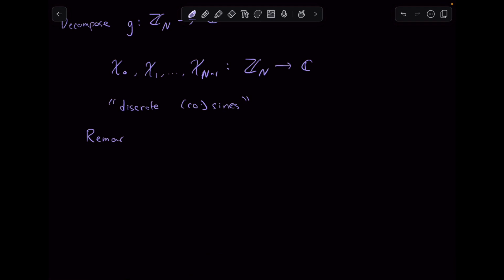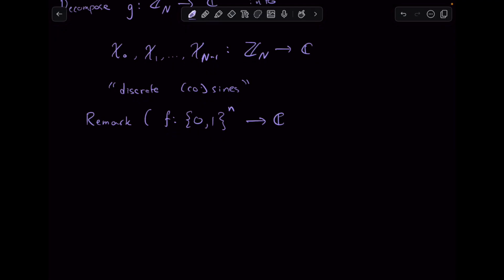So just as a remark, we can think about the difference between what we did in the last video. In the last video, we were taking functions mapping F2 to the n, which is just 0, 1 raised to the power n, going to the complex numbers.